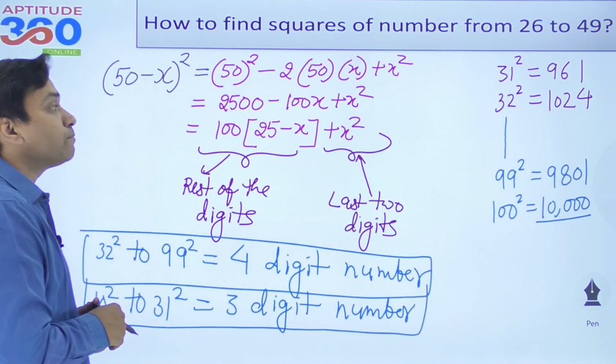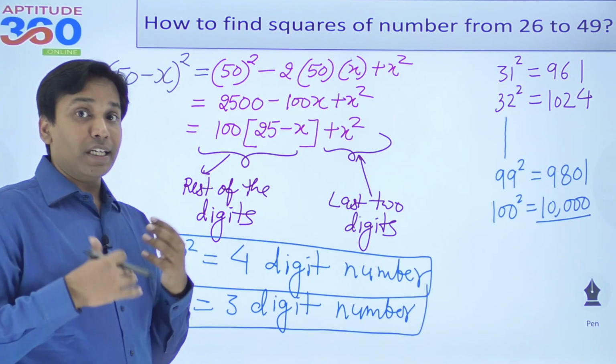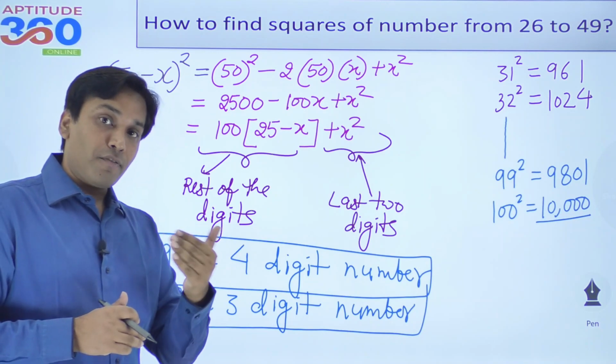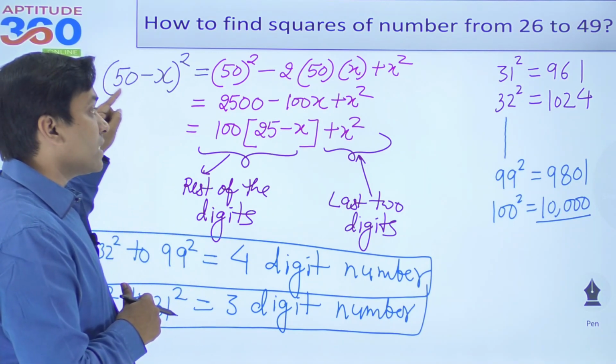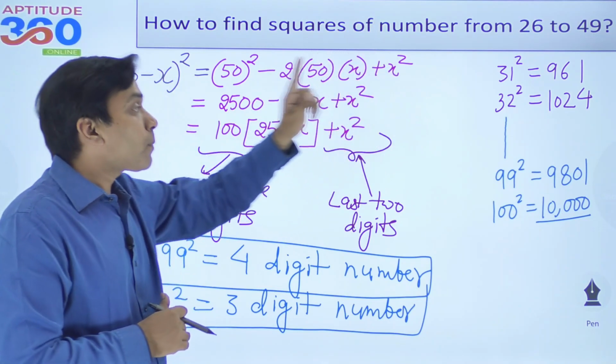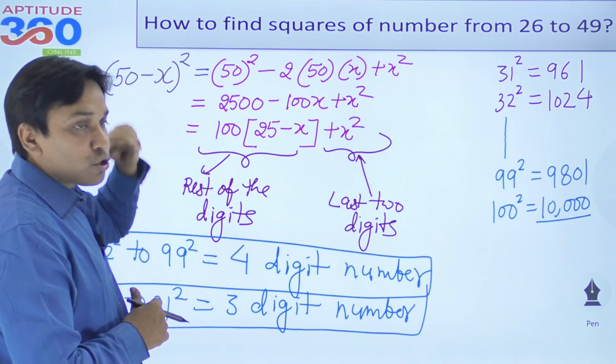Does this make sense? So let me do a quick recap again, because you're getting confused, but this confusion will go away in the next 5 minutes. What did I say? In order to find out squares of numbers from 26 to 49, we need to do the expansion of (50 negative x) whole square.